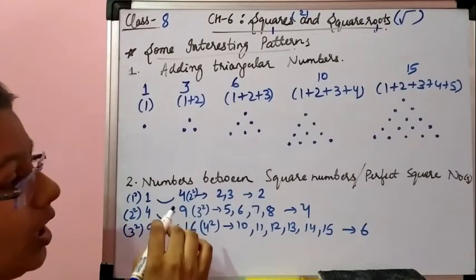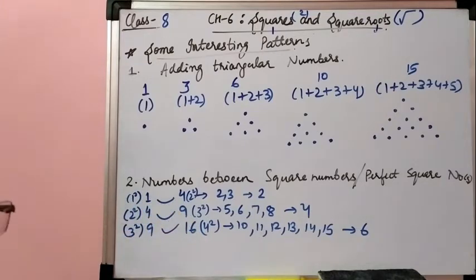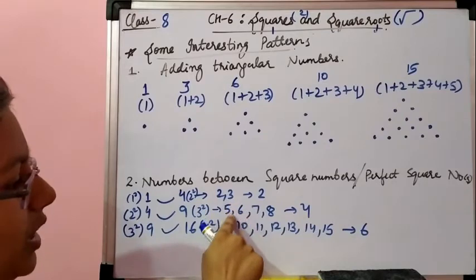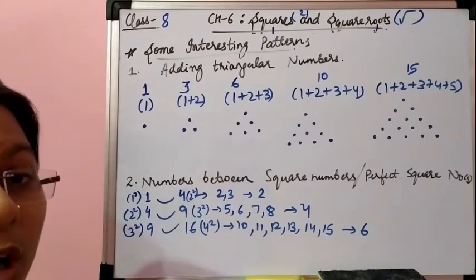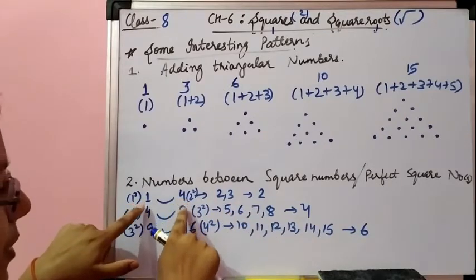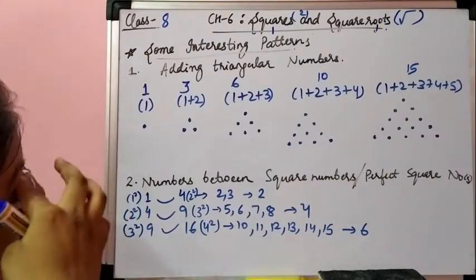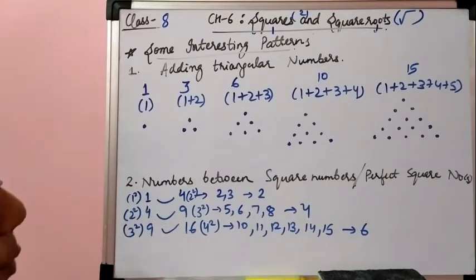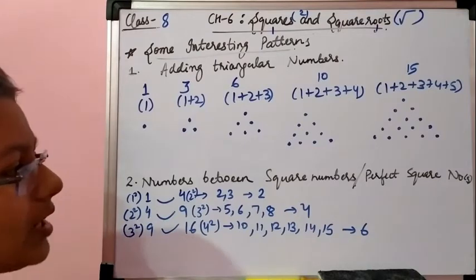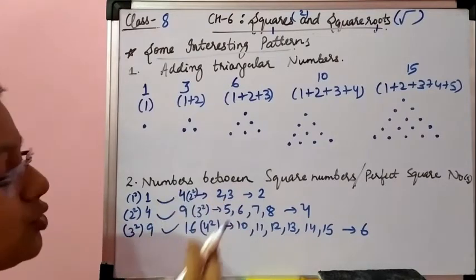The numbers coming in between are non-perfect squares. These are perfect squares and these are non-perfect squares. So the question can be, how many non-perfect square numbers are coming in between these two numbers?